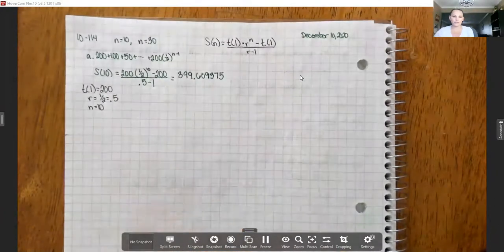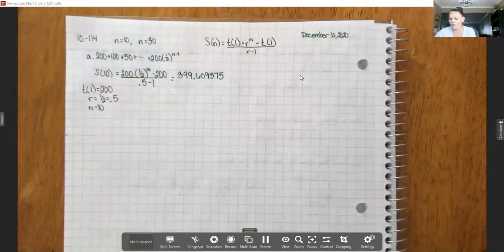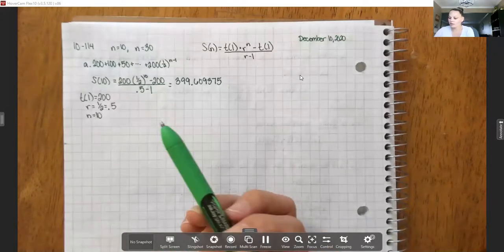We could have rounded that to 399.61. But again, remember your order of operations. If you're typing this into your calculator at once, do the whole numerator, and then you can put it in parentheses, divided by, and then the denominator in parentheses.